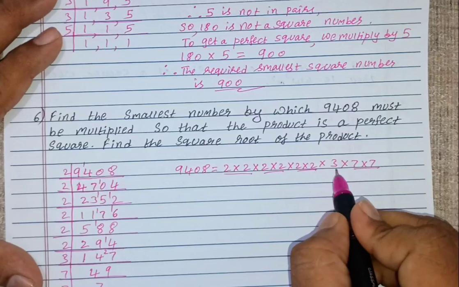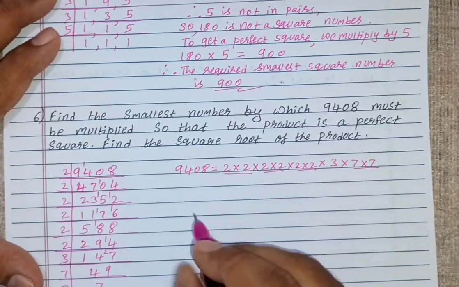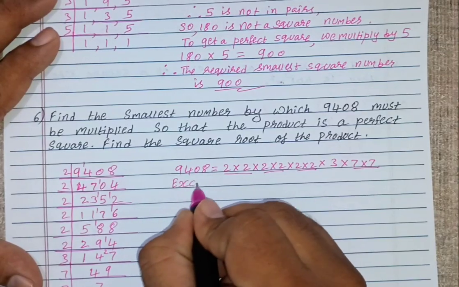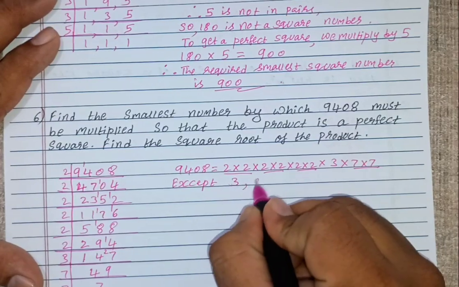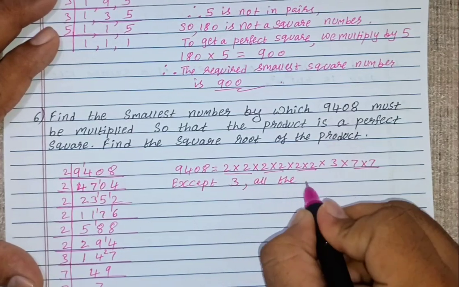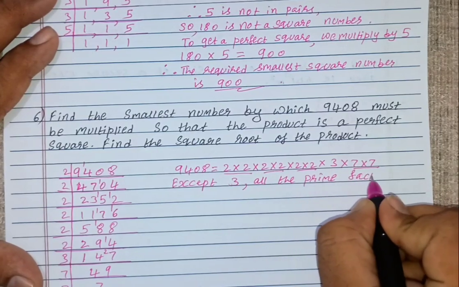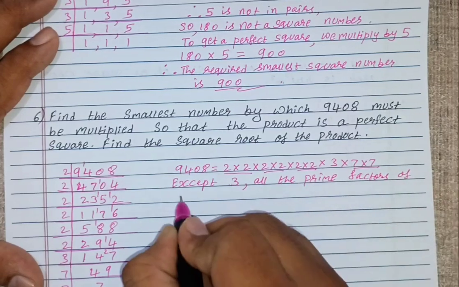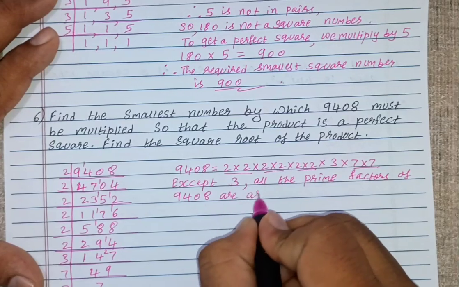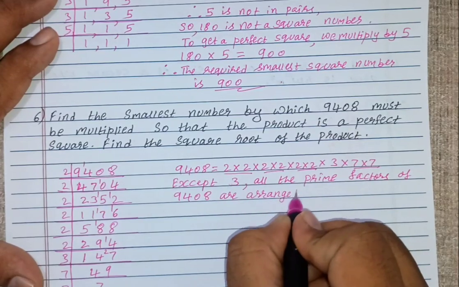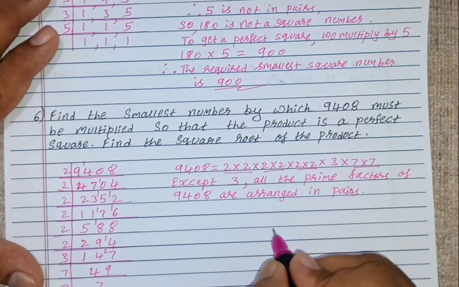Which is not in a pair? 3 is not in a pair. Except 3, all the prime factors of 9408 are arranged in pairs.